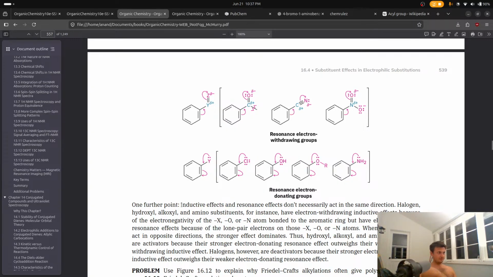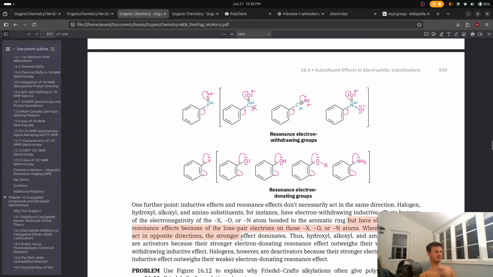One further point, inductive effects and resonance effects don't necessarily act in the same direction. Yeah, this is what I was trying to understand. Halogen, hydroxyl, alkoxyl, and amino substituents, for instance, have electron withdrawing inductive effects because of the electronegativity of the atom bound, but have electron donating resonance effects because of the lone pair electrons on those atoms.